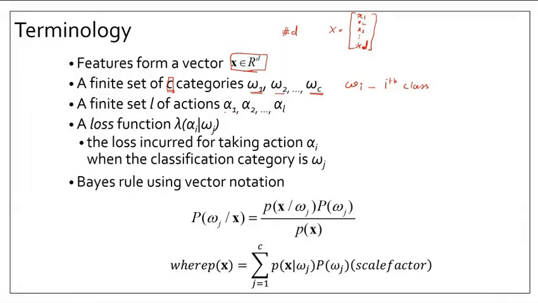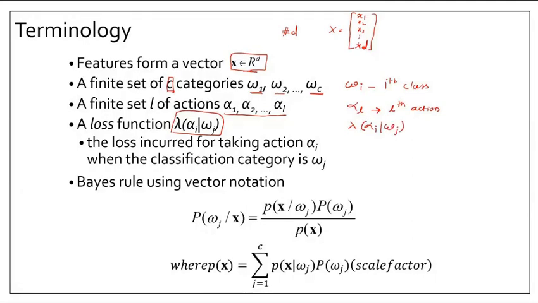Now there is a set of actions alpha 1, alpha 2, up to alpha L, where alpha L stands for the Lth action. And lambda we call the loss function. So lambda of alpha i when the true class is omega j.